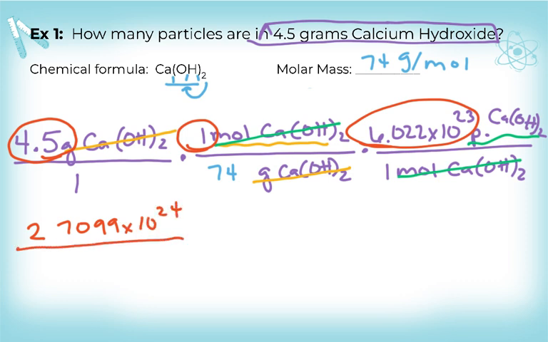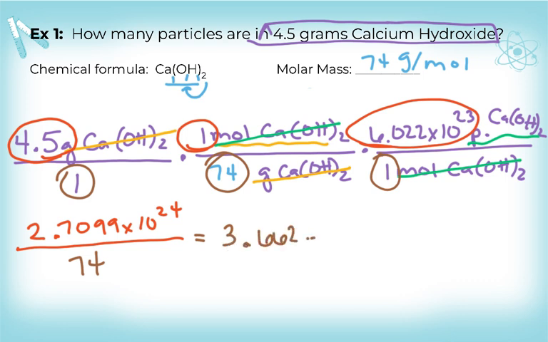And then I'm going to divide that by everything in my denominator multiplied together. 1 times 74 times 1, so that's 74. And I'm going to divide that top number by the bottom number. And I get 3.662, and this number keeps going, times 10 to the 22nd. And let's just round that to 2 decimal places.